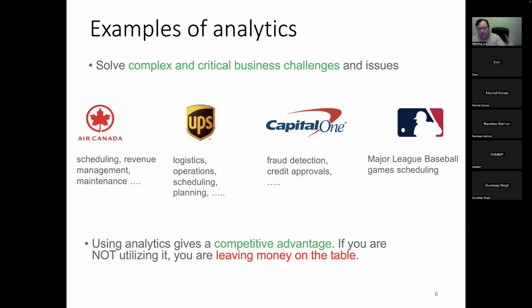Because if you use analytics, right, you are able to establish a better causal relationship, right? Causal relationship means that you are better able to address the uncertainties in the business. So for example, if I'm an ice cream shop, right?